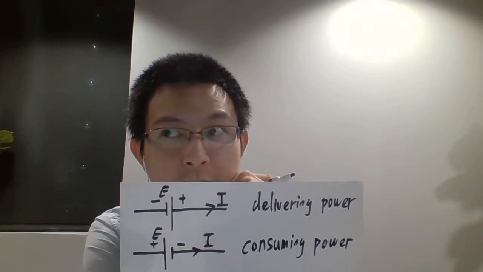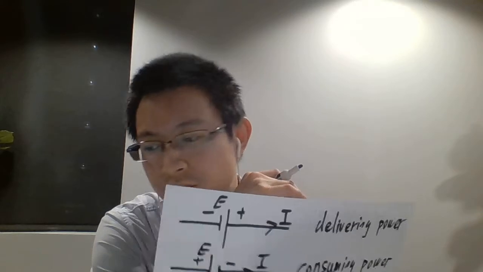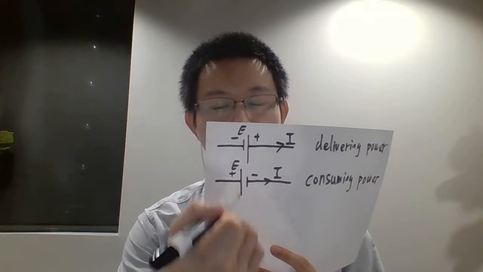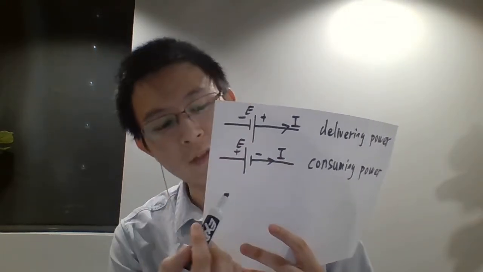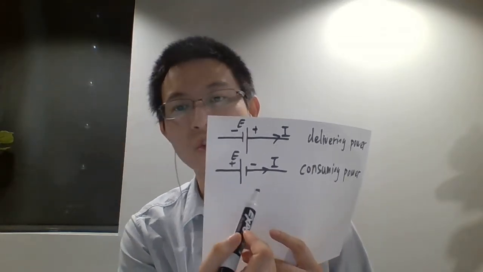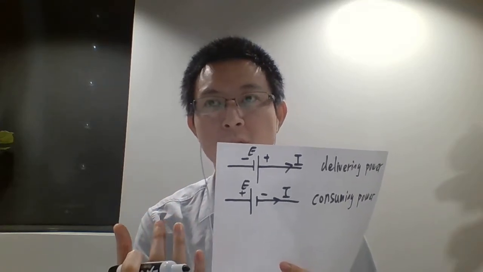Can you think of an example of this? What I could think of is when you're charging your phone. If this is your phone battery, when it's being charged, it's actually like a load, right?